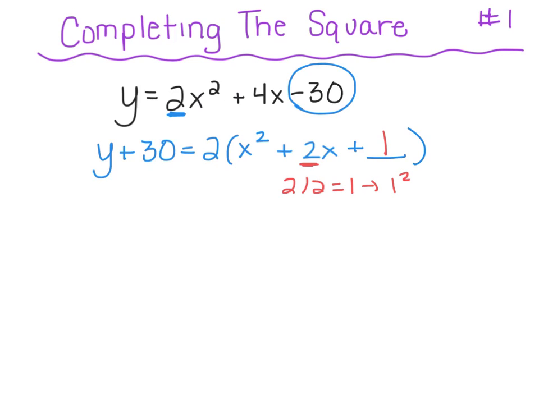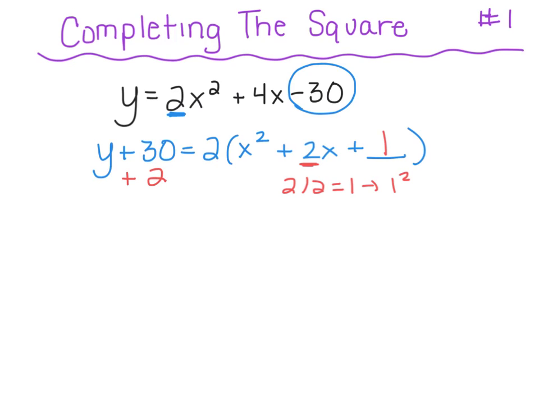However, I can't just go around adding random numbers to my problem, right? So whatever I do to the right over here, I also have to do to the left. And the thing you have to consider here is that I didn't really just add a 1. I actually added this 1 multiplied by the 2, so over on the other side, I want to add a positive 2.